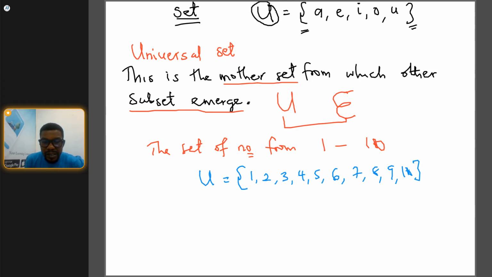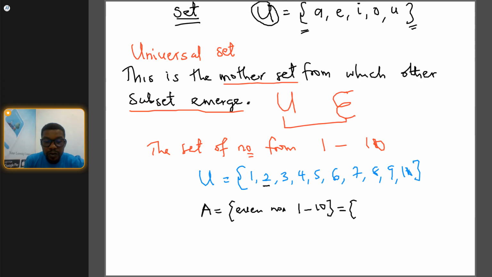And from this universal set, we can get other subsets. Let's say another set, subset A, is the even numbers from 1 to 10. What will be the even numbers from 1 to 10?